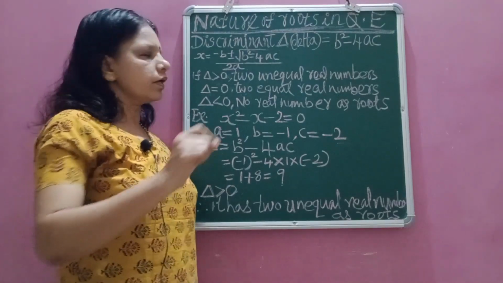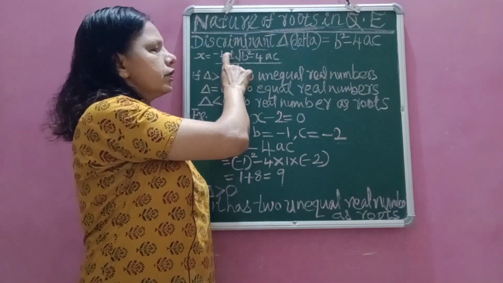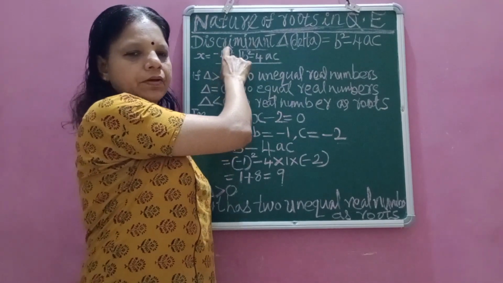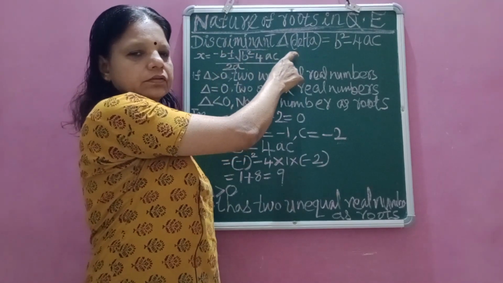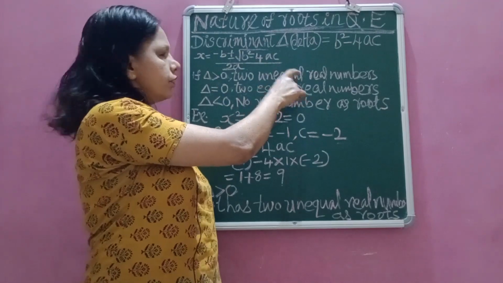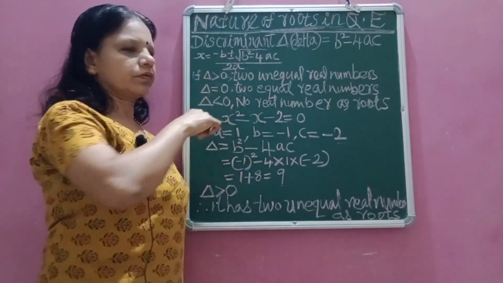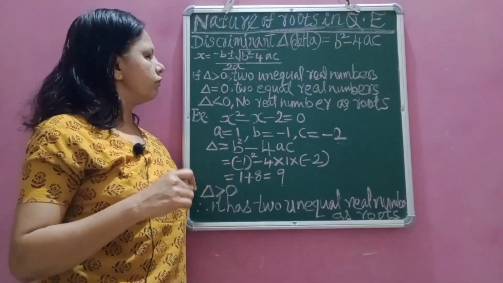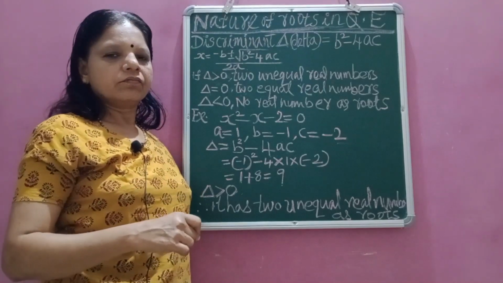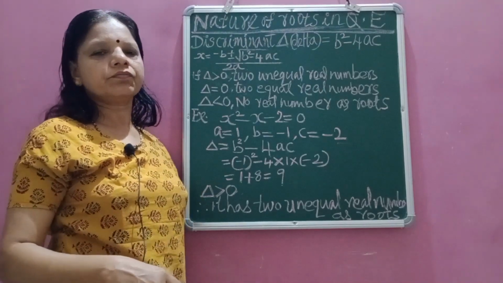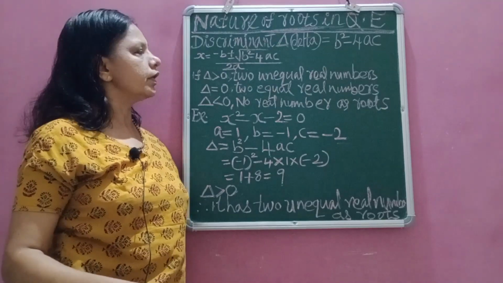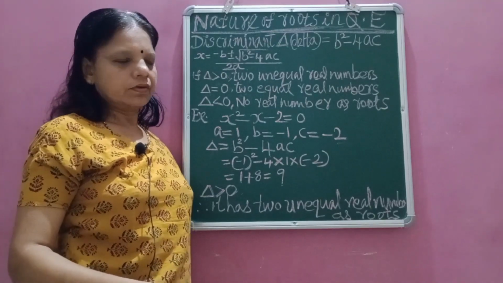A small increase, that is by plus or minus. Minus b plus or minus what? Square root of b square minus 4ac upon 2a. So depending upon the value of delta, we can determine the nature of the root of quadratic equation.